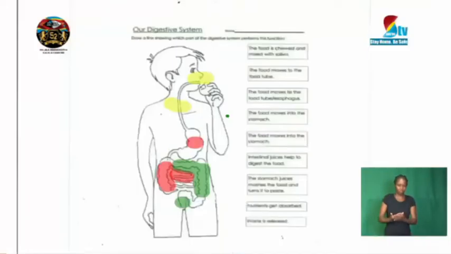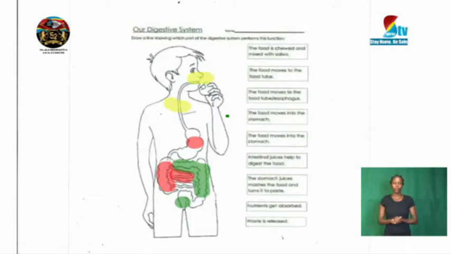That's in short. For the viewer who has just joined us, I will give a brief summary of what happens in the digestive system. We said that in the digestive system, we have organs like the mouth, highlighted in yellow, the gullet, also highlighted in yellow, the stomach, highlighted in red, and then the small intestine, it's a bit busy there, it's not very clear, but the small intestines are those small tubes highlighted in red.